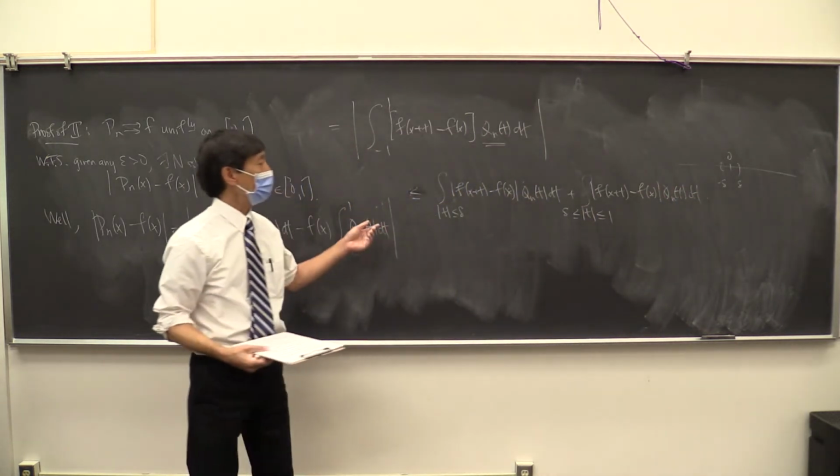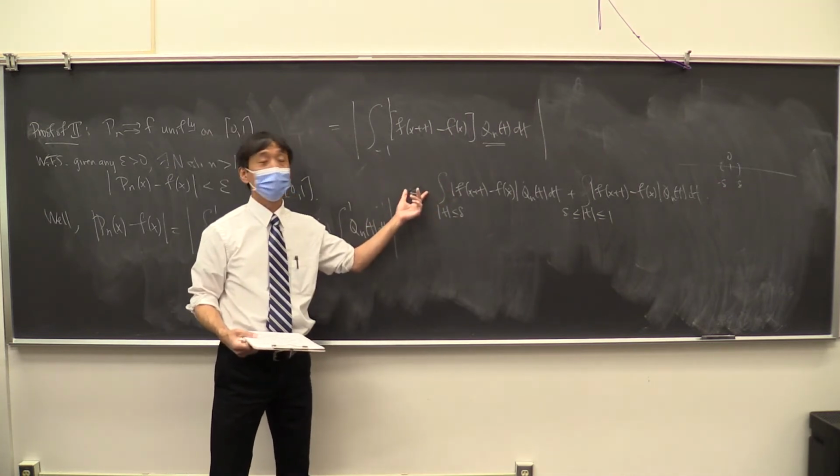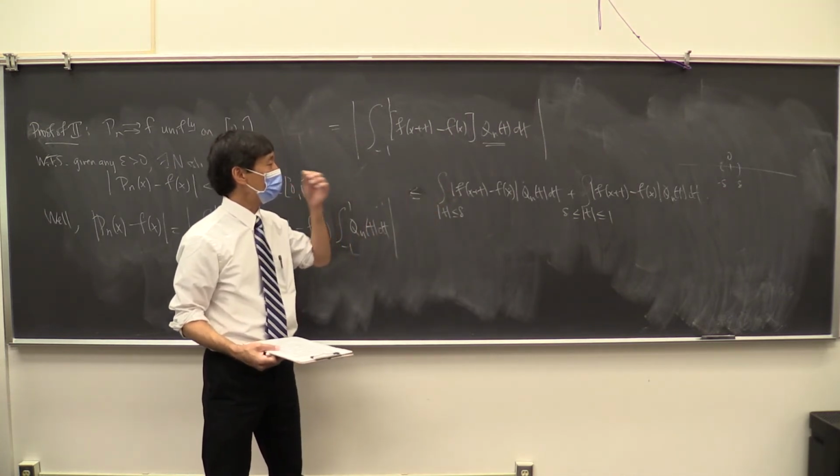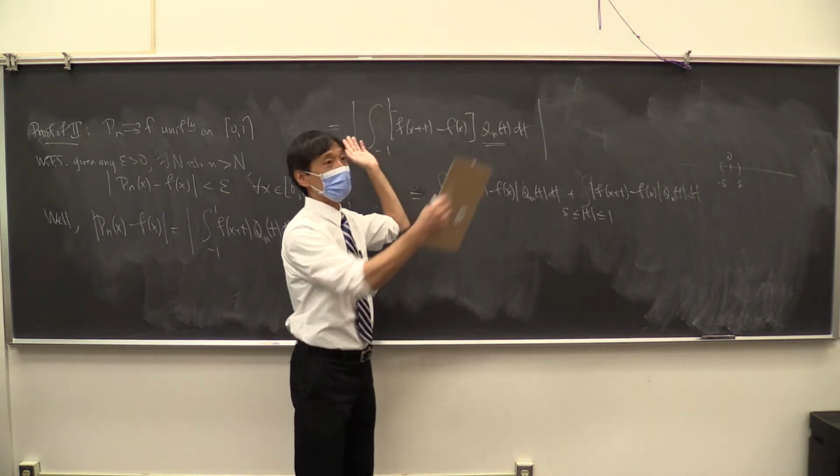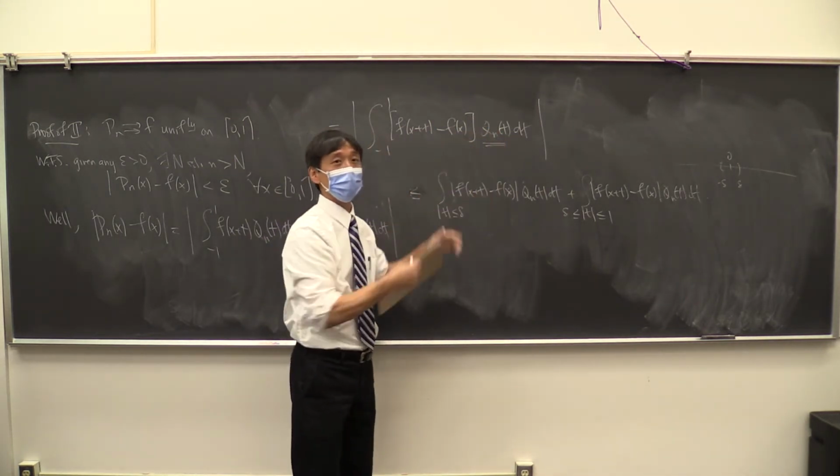Okay, and we use the triangle inequality, right? So we break it into 2 parts, and then we move the absolute value inside using the triangle inequality.